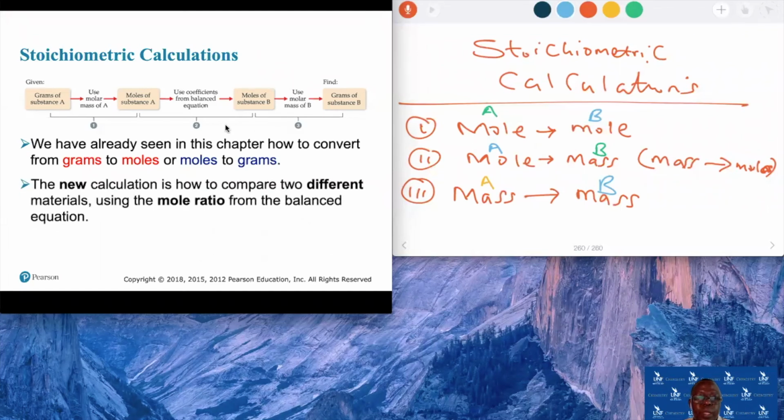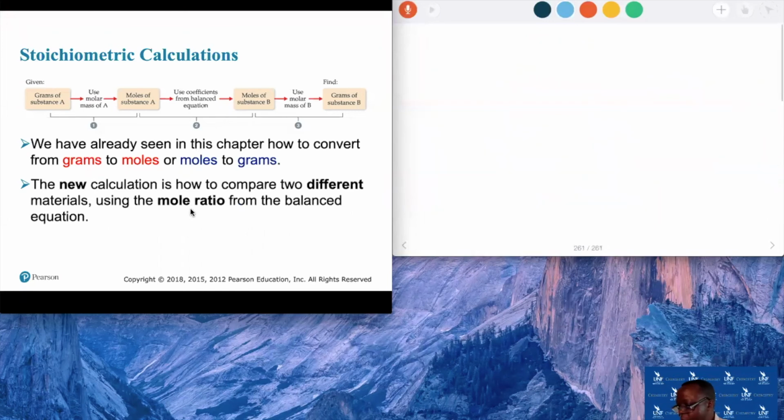Mole ratio here, it's just a conversion. When we say mole ratio, let me use this example here: hydrogen gas reacting with oxygen gas to produce liquid H2O.